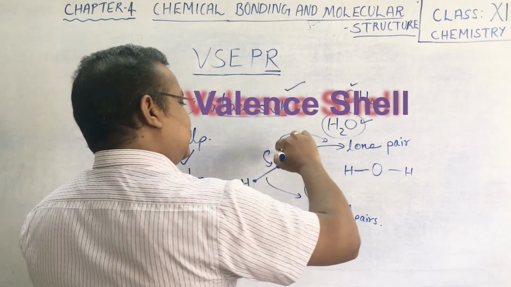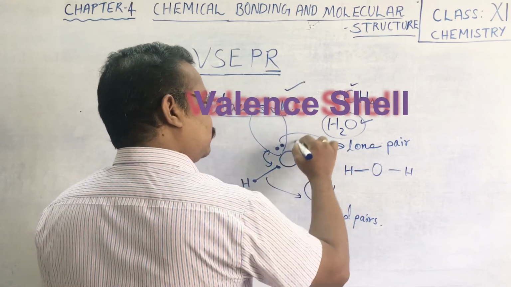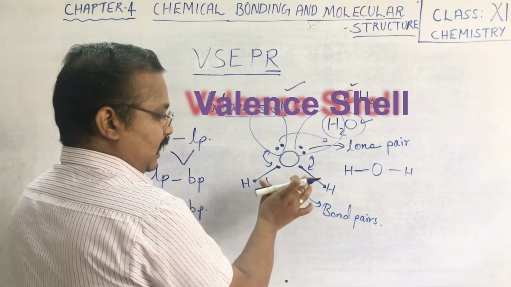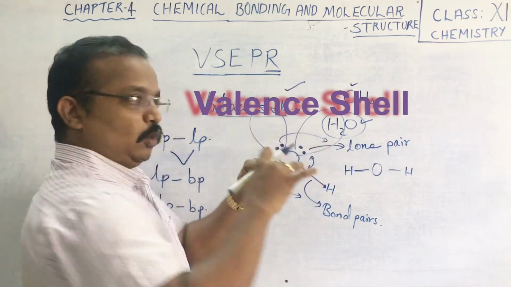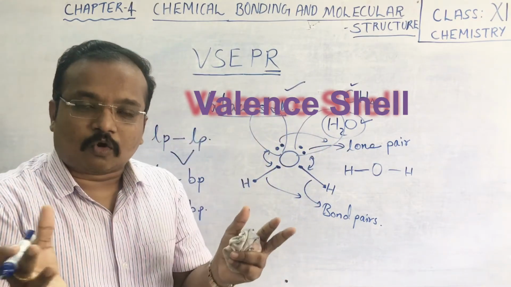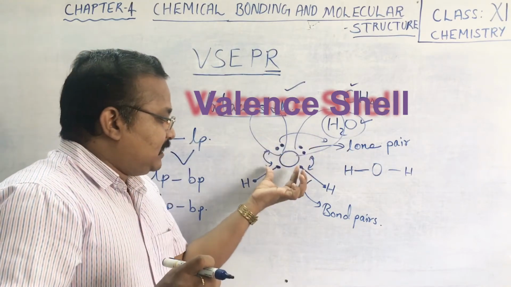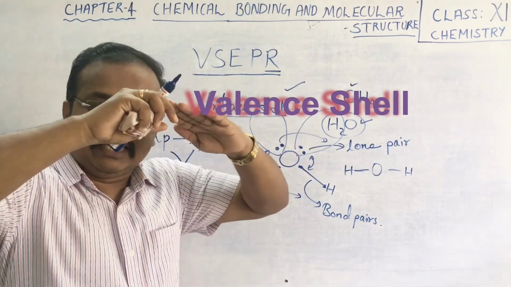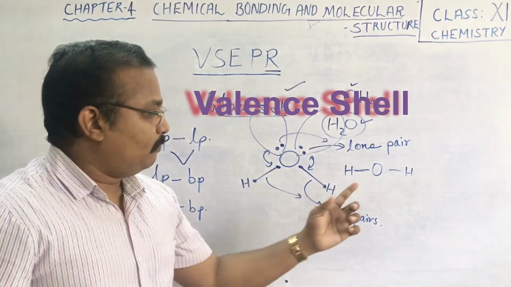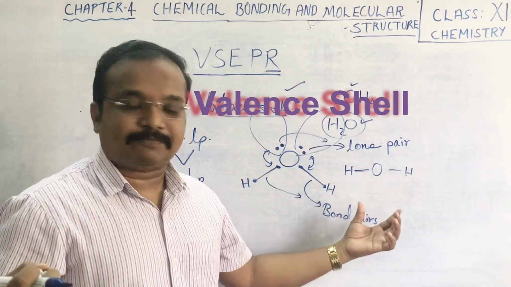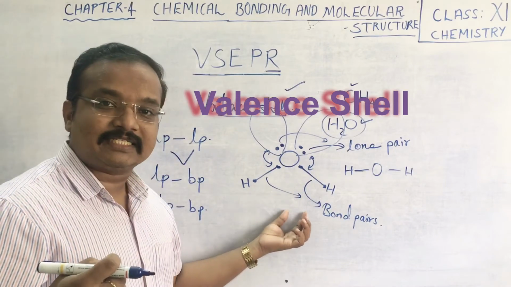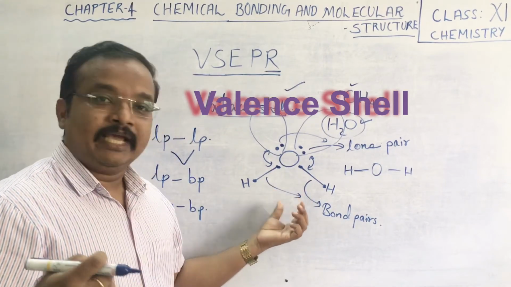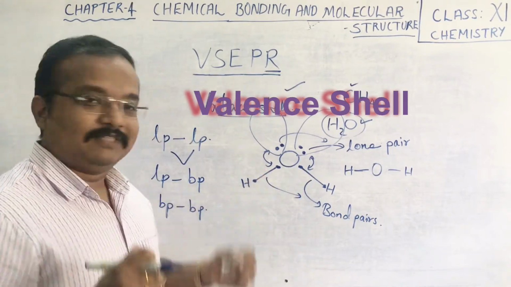So this forms a cloud, and this also forms a cloud. Because of the repulsion of these two pairs of electrons, the bond pairs get pushed into a bent form. We expected a linear structure, but why does it have a bent structure?